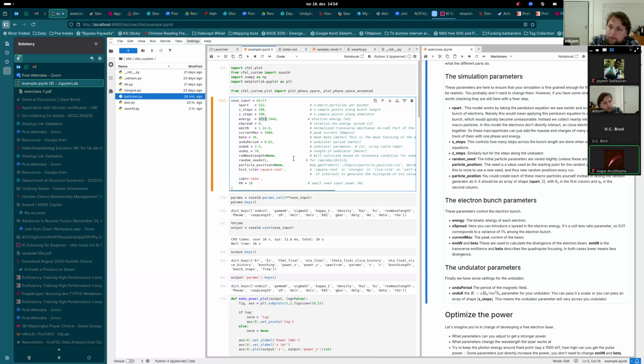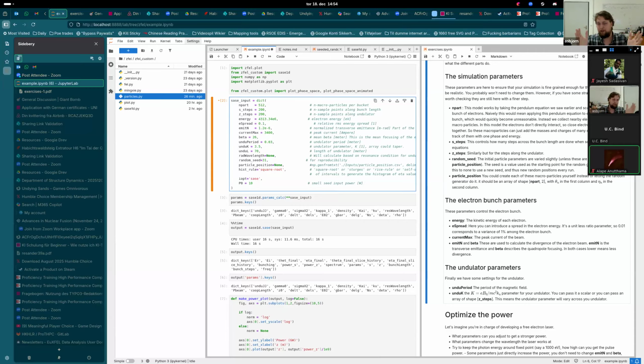There's this energy here. This is the electron energy. So it's pretty self-explanatory, I hope: how much speed do your electrons have? In eV, right? eV, yes. And you can go in and completely mess up your lasing by putting an E spread on here.